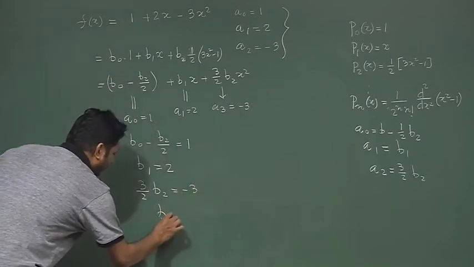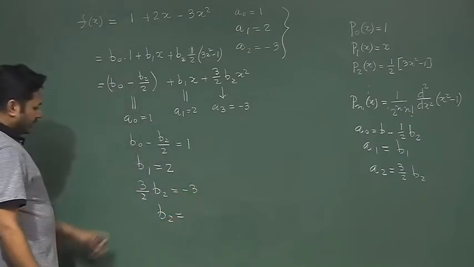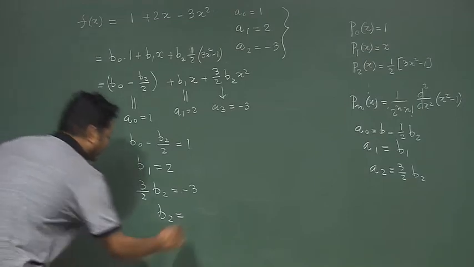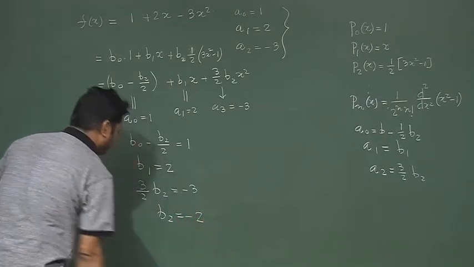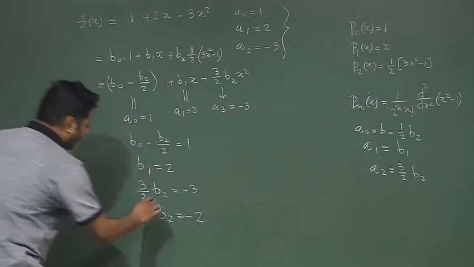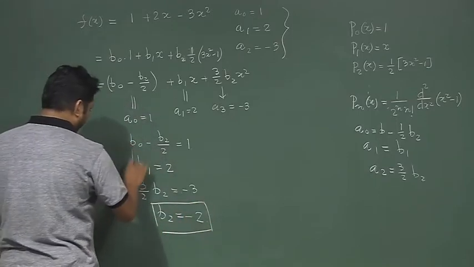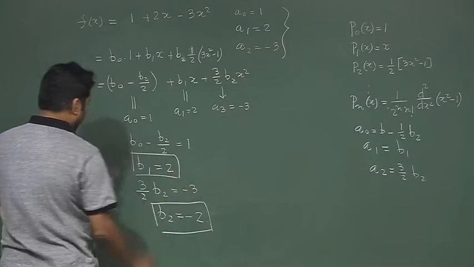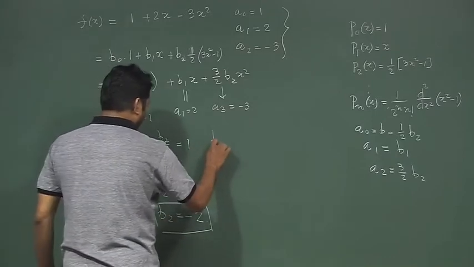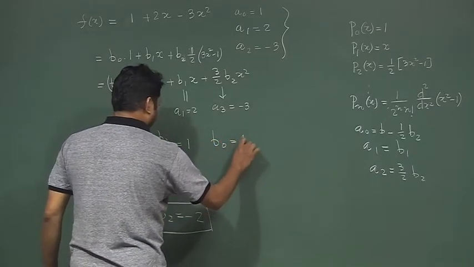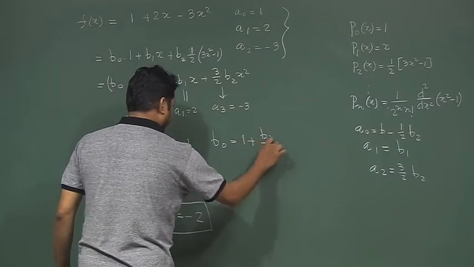So, b2 from here I figure out should be minus 2. I know what is my b2, which is minus 2. I know what is my b1, which is 2. I need to find out b0. So, b0 is 1 plus b2 by 2.